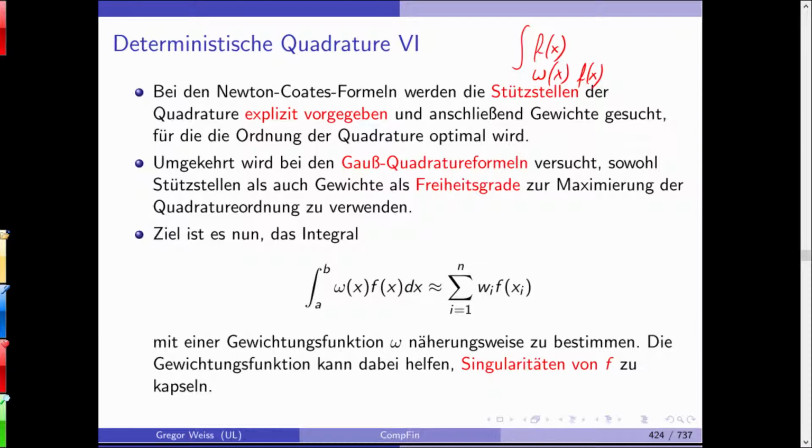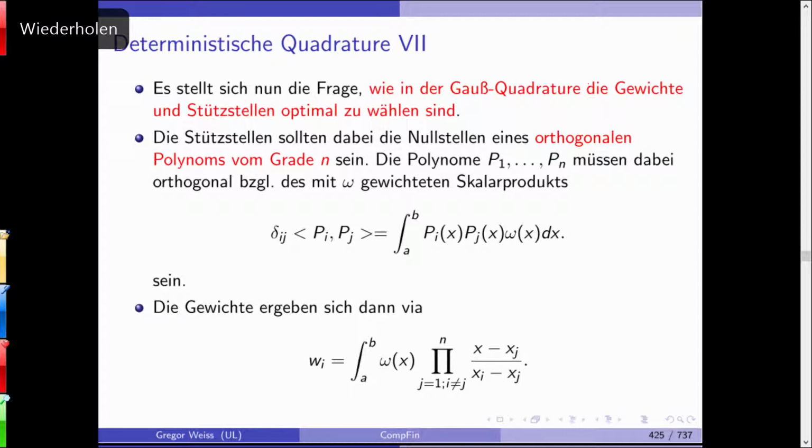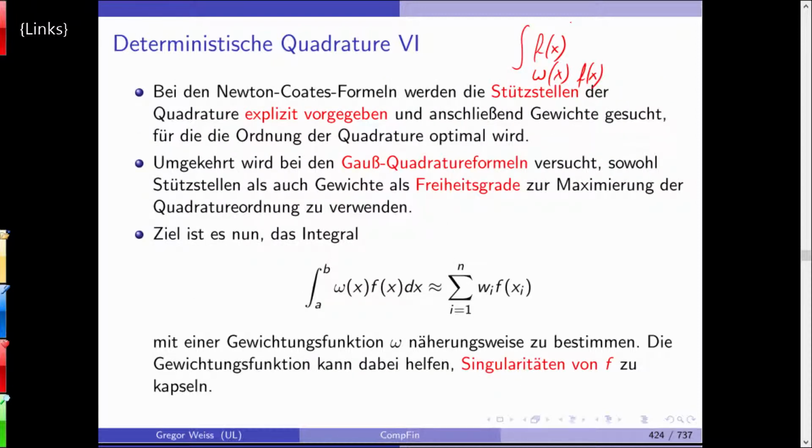So this is just one little trick you can apply to isolate some problems, push them into another function and solve it in a more ideal way. Of course, for just a regular integral of f(x), you simply set omega to 1.